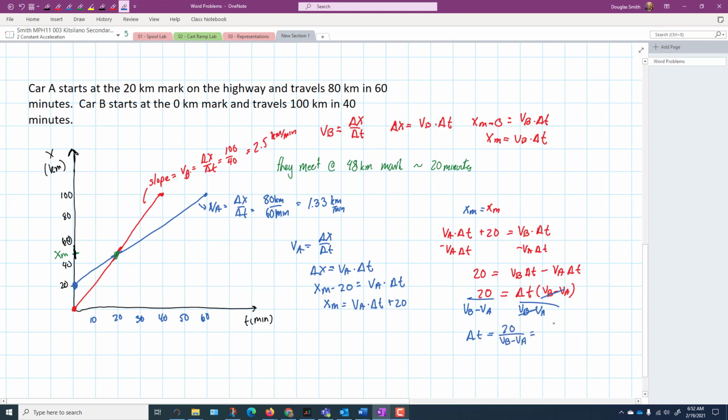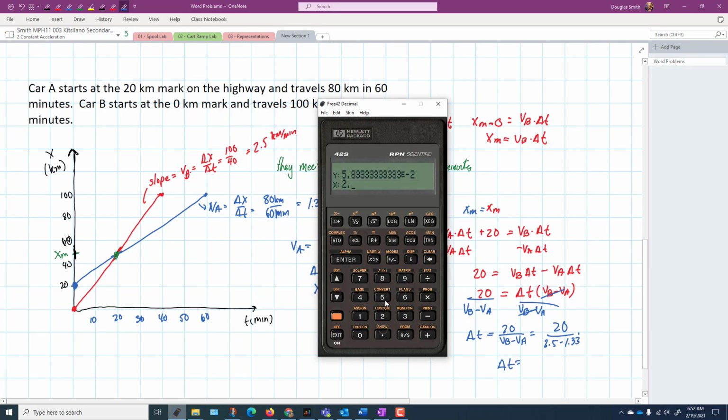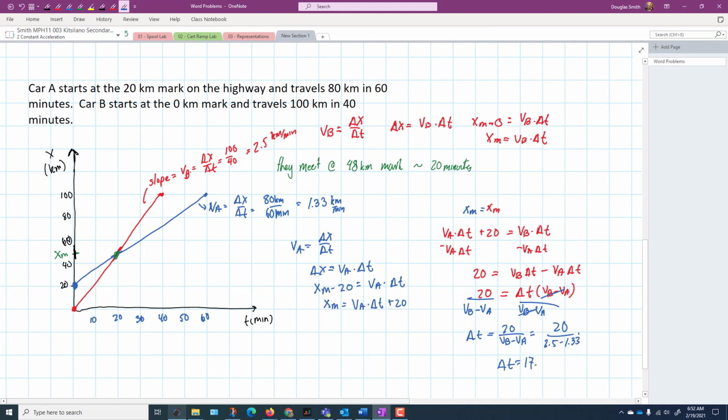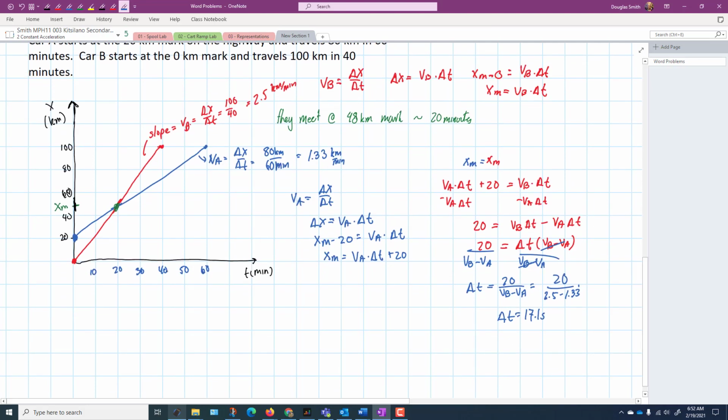And I can calculate that. That's 2.5 minus 1.33. So the time it takes to meet is 20 divided by that. I get 17.1. Coolio. So now we know this number is actually 17.1.